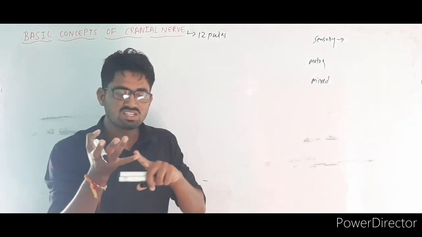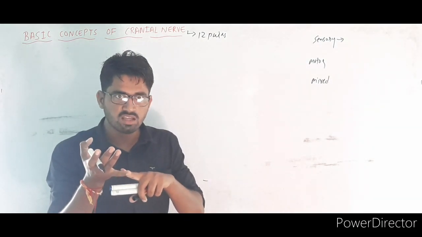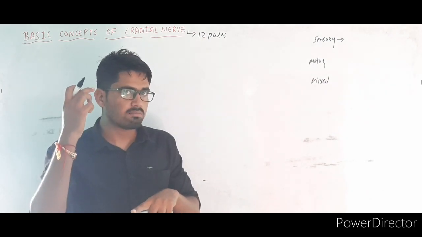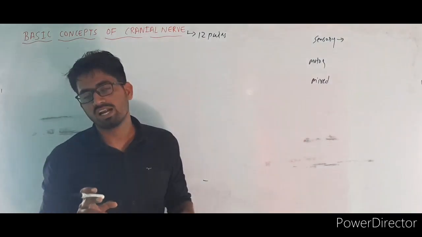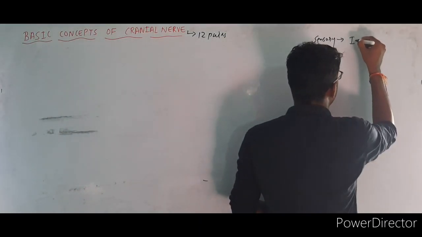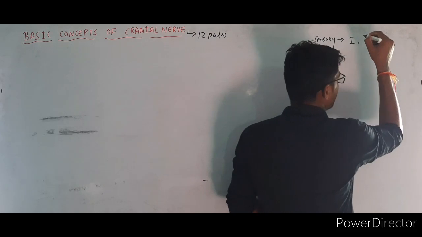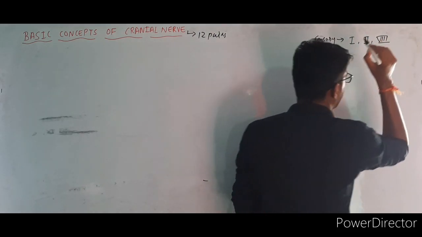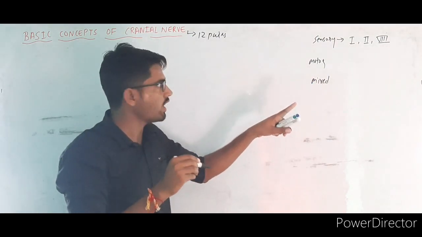So cranial number 1 is the olfactory nerve, second is the optic, and the one which supplies the ear is the vestibulocochlear nerve, which is cranial number 8.